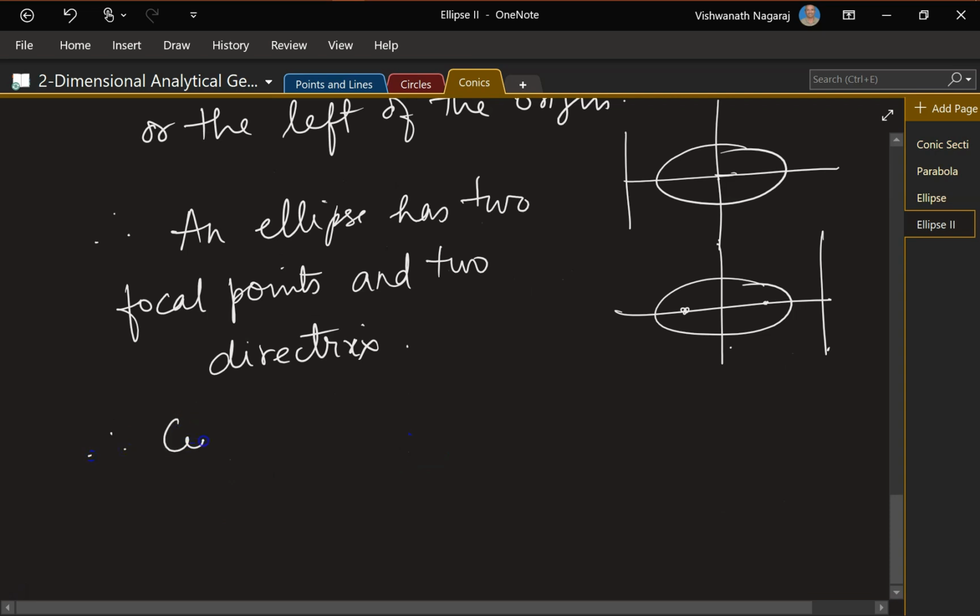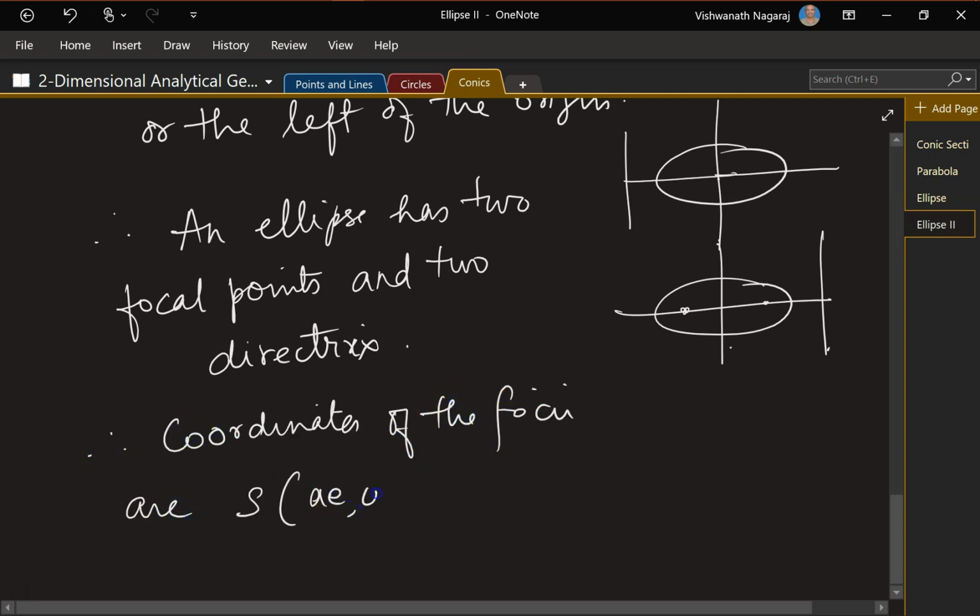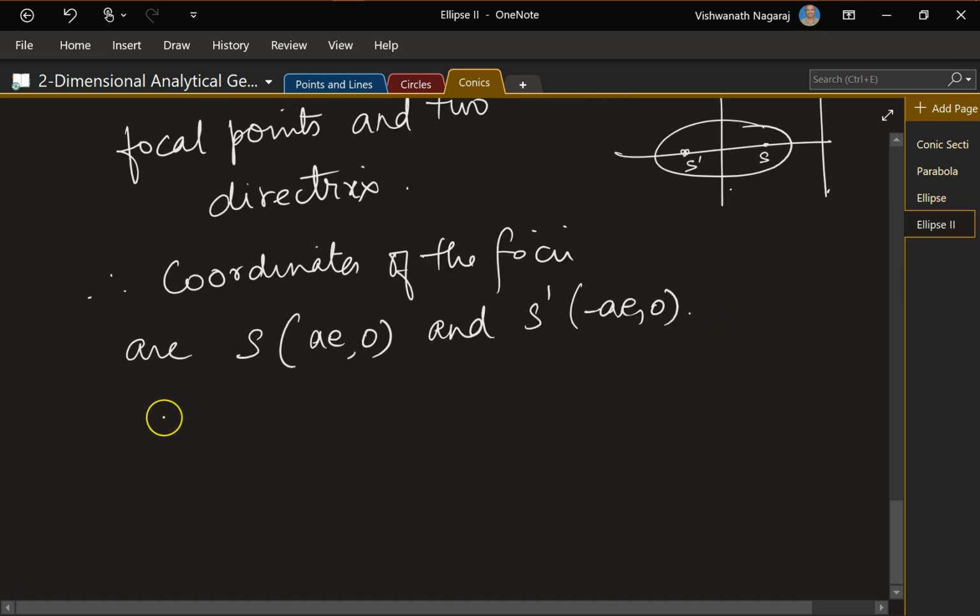So therefore the coordinates of the foci are S (ae, 0) and S dash (-ae, 0). So this is S, this is S dash. And naturally the distance between them would be 2ae.